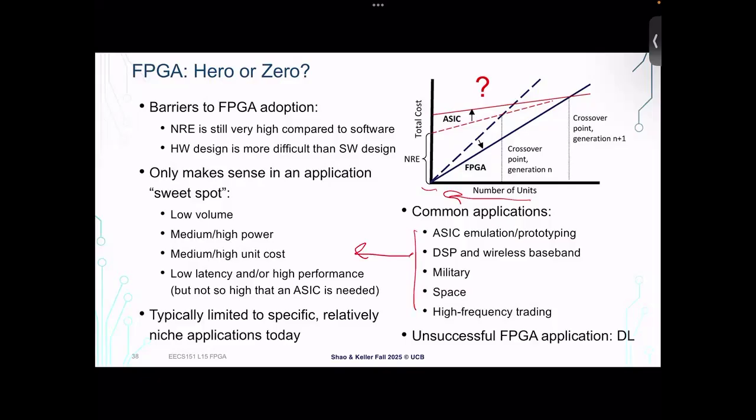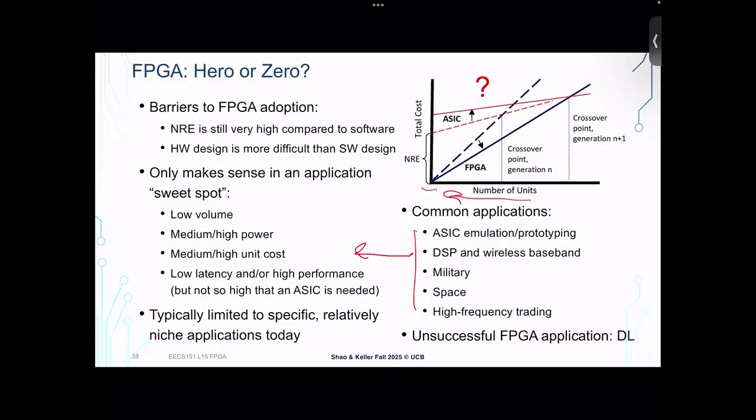One unsuccessful application of FPGAs, I'd say, is deep learning. As you saw previously, Xilinx tried to get everyone excited about using FPGAs to do deep learning training or inference. They added all this matrix hardware. Microsoft actually had a big project early on in the DL craze to spin up a massive sea of FPGAs in their data centers instead of GPUs and use that for deep learning. It didn't work out. The project is not live anymore.